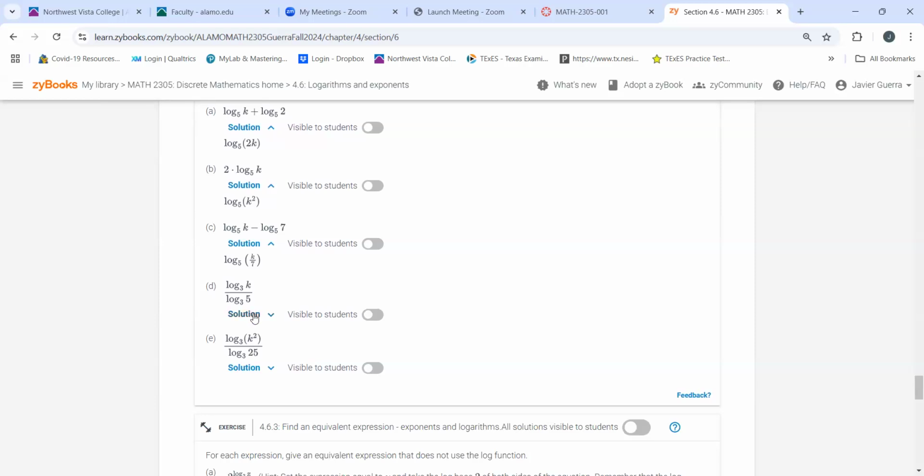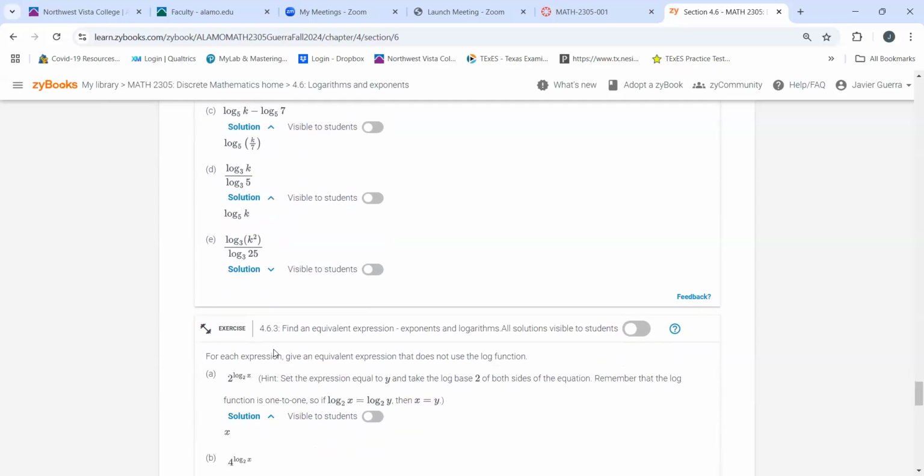This one I'm going to use change of base. Log base k of log base 5 of k. I can rewrite this as 5 squared.